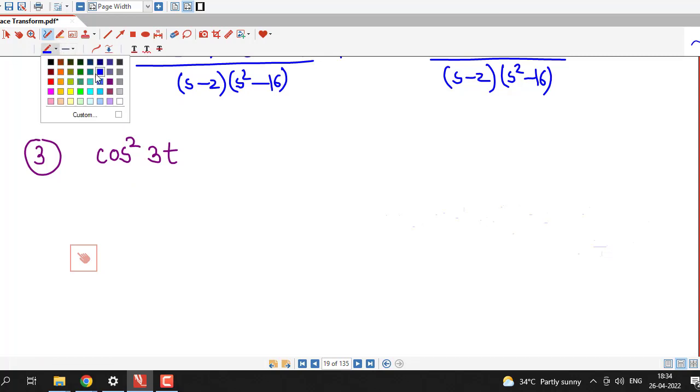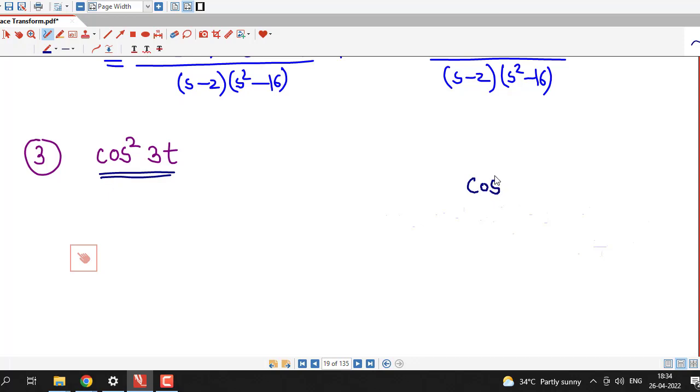So the idea is we are converting this function into that function whose formula is known to us. For that we will use this formula from trigonometry. We know that cos square theta can be written as 1 plus cosine of 2 theta divided by 2.